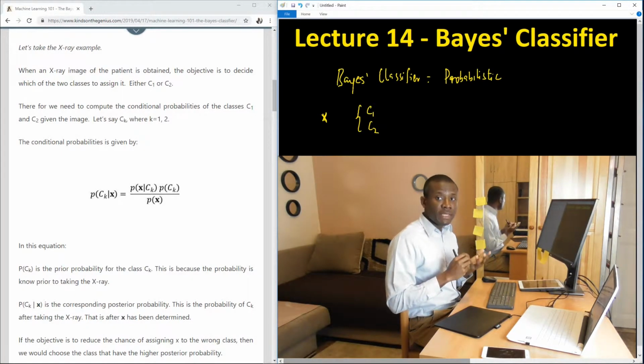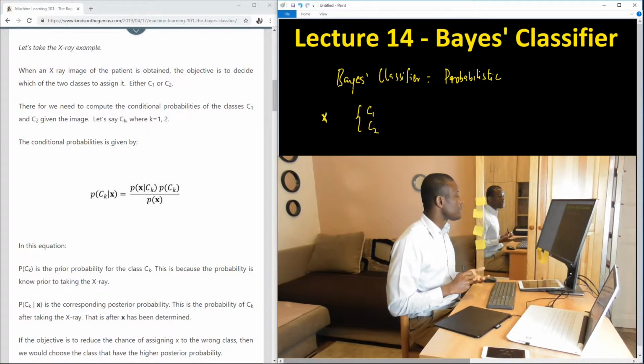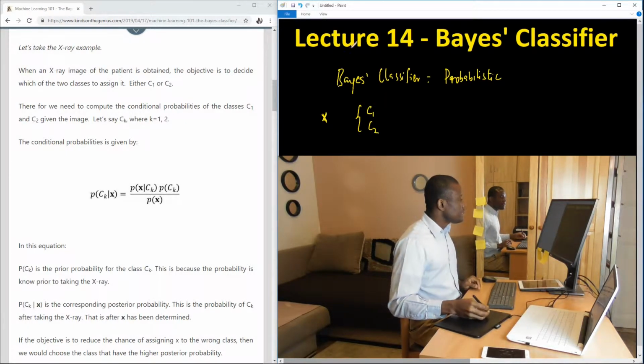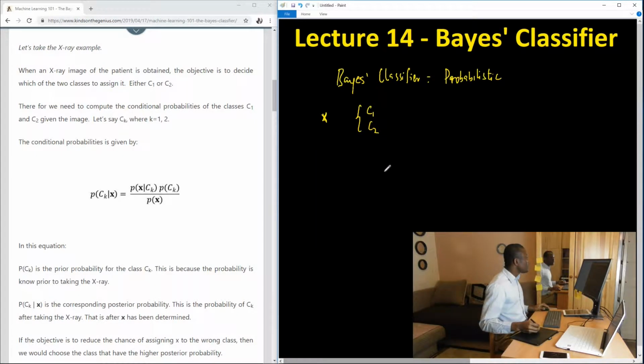Therefore, we need to compute the conditional probability that this X belongs to class 1.